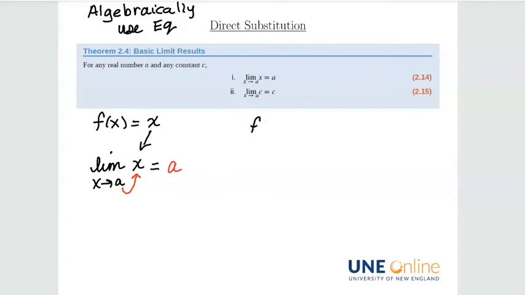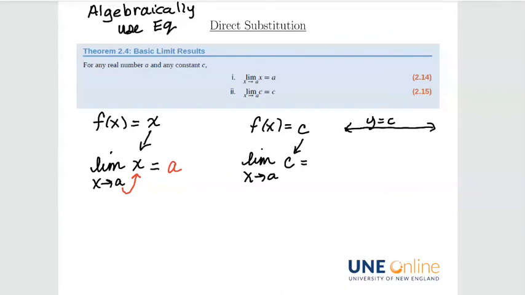So that's our first result. We should also note, what if we had f of x being equal to a constant function? This is just a horizontal line where y is equal to some constant, say 5. If we're going to take the limit of that constant function as x approaches a, I'll just write in the explicit equation of it.